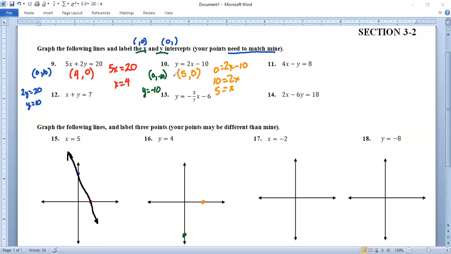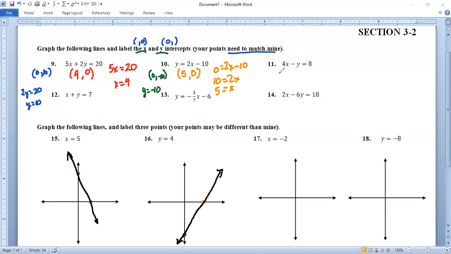So on that one, we get these 2 points. And, oh, that line, not too bad. Not too good either, but not too bad. There we go. And it's the intercepts, these things that are labeled, that you need to match to get the exact x and y intercepts. All right, let's try the next one.